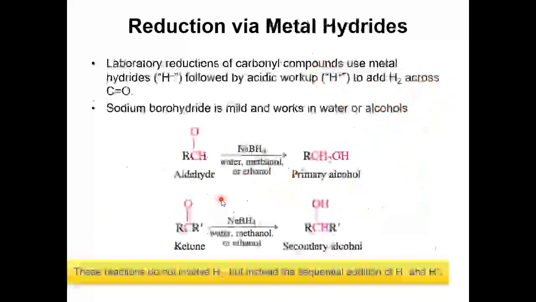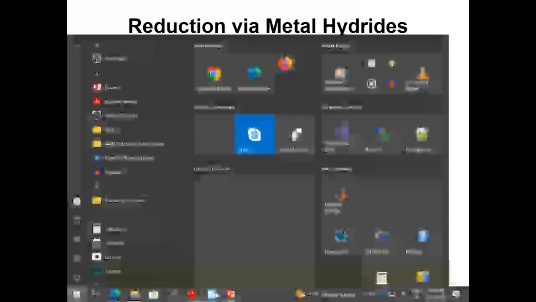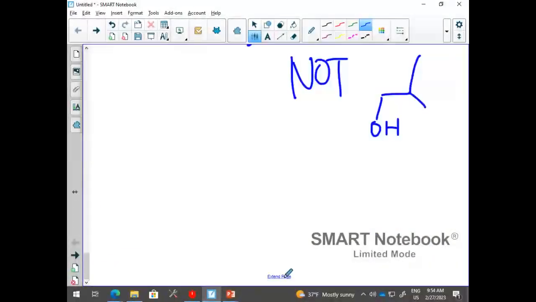So if we want to do the reduction, we can use something else. Generally it's a solid, so it's easier to handle, not like hydrogen. It's a gas. A solid is less likely to undergo explosion. So the two commonly used reducing compounds are called sodium borohydride and lithium aluminum hydride.